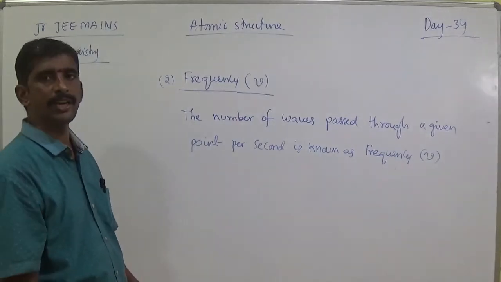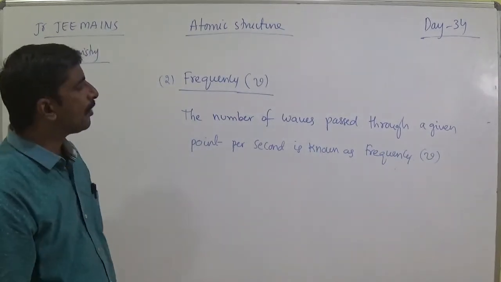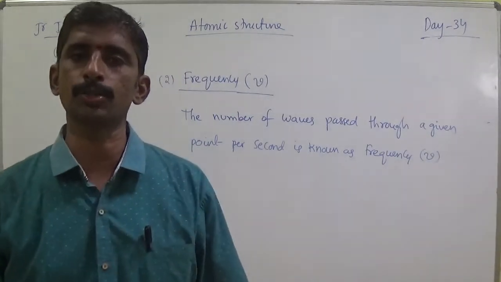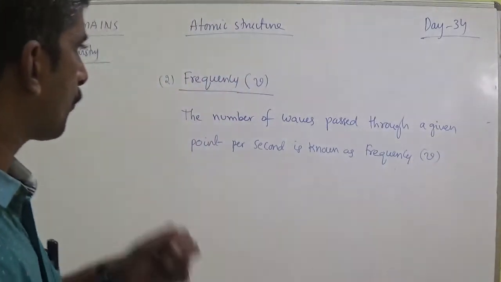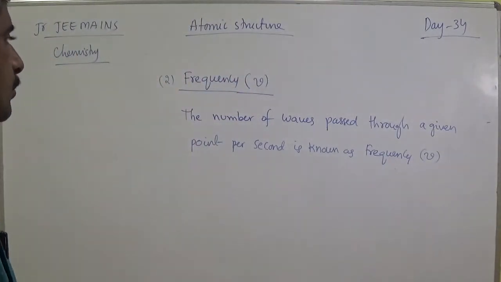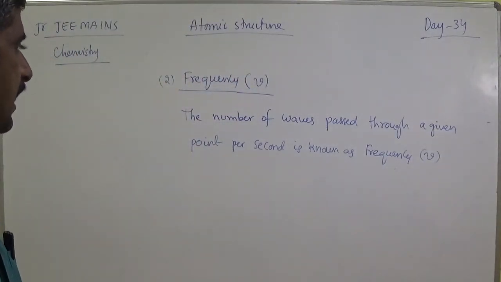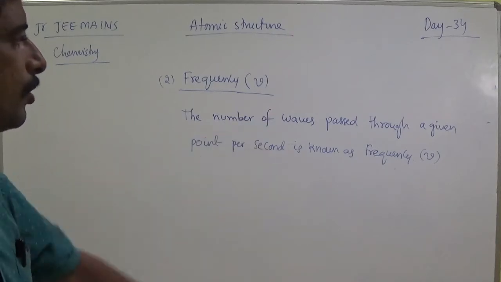So nu means frequency. The number of waves passed through a given point per second is known as frequency. It is denoted by the symbol nu.